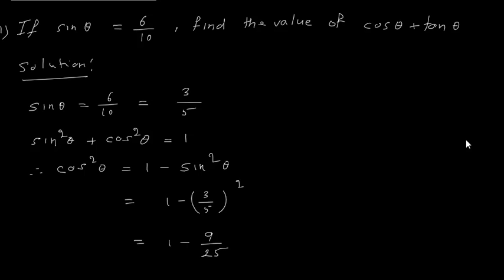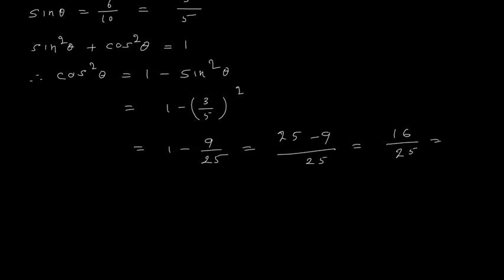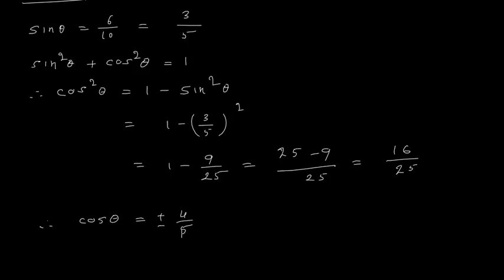So this is 25 minus 9 whole divided by 25. So 25 minus 9 is 16. So this is 16 upon 25. This is the value of cos square theta. So therefore the value of cos theta is plus or minus 4 upon 5.